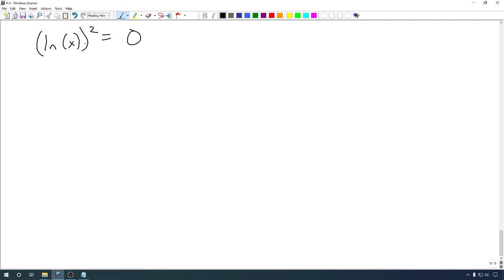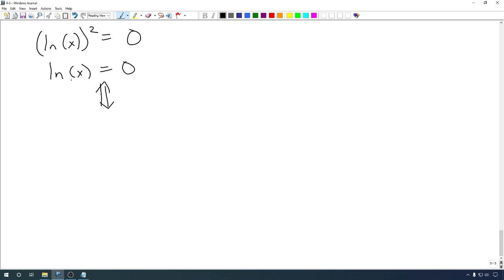All right. So, what number squared can give us 0? Only 0 can. So, the only way this can equal 0 is if the natural logarithm of x equals 0. What numbers can be put into the natural logarithm to give us 0? Note that we're not plugging 0 into the natural logarithm. There's no problem with solving this equation. In fact, this is not too hard to solve. If you remember, we can turn a logarithm equation into an exponential one.